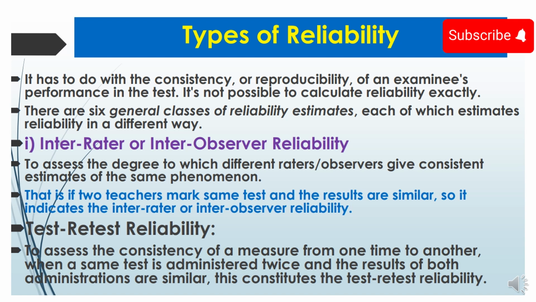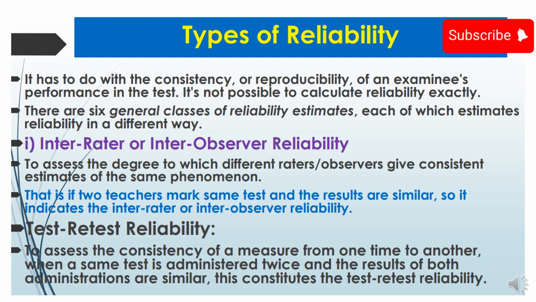Now, what are the types of reliability? It has to do with the consistency or reproducibility of an examinee's performance in the test. It is not possible to calculate reliability exactly. So, there are six general classes of reliability estimates, each of which estimates reliability in a different way. The first is inter-rater or inter-observer reliability.